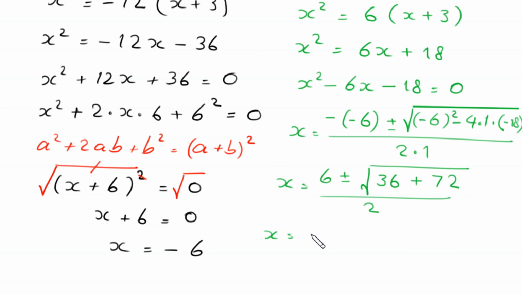Next, x is equal to 6 plus minus square root of, from these two terms we can factor out 36, in bracket left 1 plus 2, divided by 2.